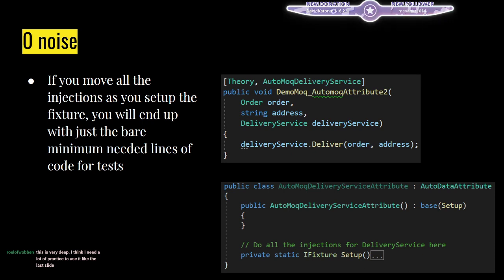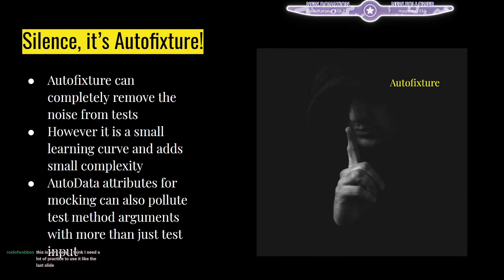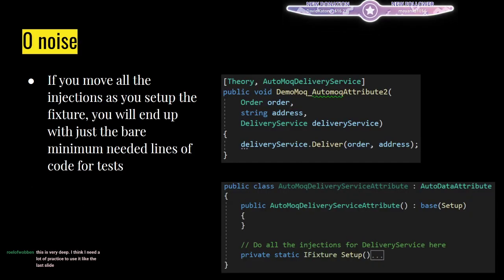But it also kind of screams AutoFixture at you, because you have attributes that are for AutoFixture as well. So when you read tests, for example, if you look at the arguments that we pass to the test method, we are forced to pass the service itself if we're using AutoData and resolve the service.